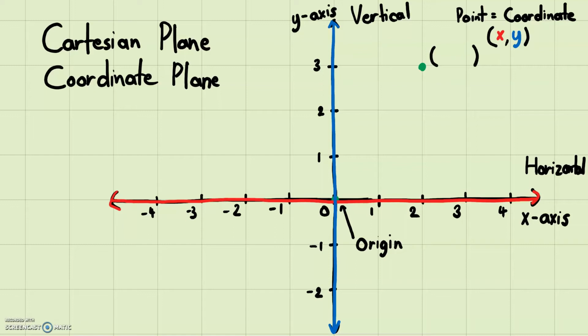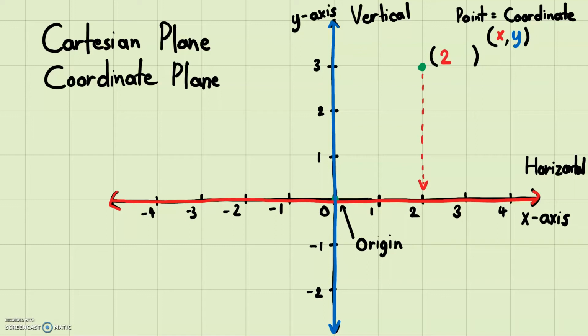Let's look at this green point right here. What is the x coordinate? The x coordinate means the red part, right? From that point, just go straight down towards the red line and see which number it is.